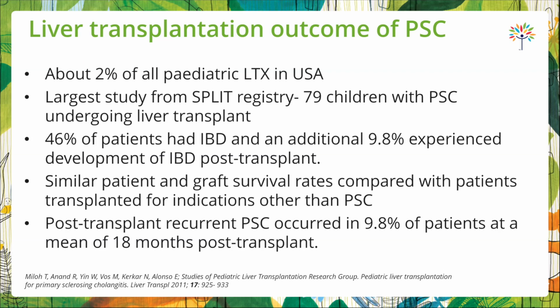In this study of 80 children, about half had inflammatory bowel disease, and about 10% actually got inflammatory bowel disease after the transplant, because we know these two diseases are linked. The good news is that patient and graft survival was exactly the same as for transplant for other causes. This means that having PSC doesn't mean you have a worse transplant outcome.